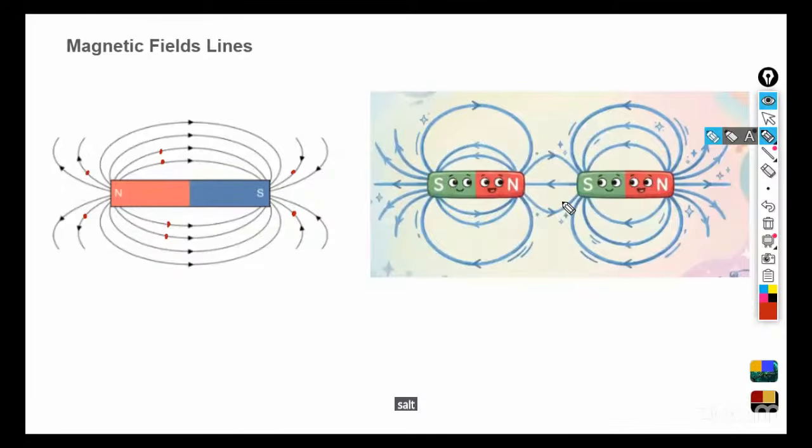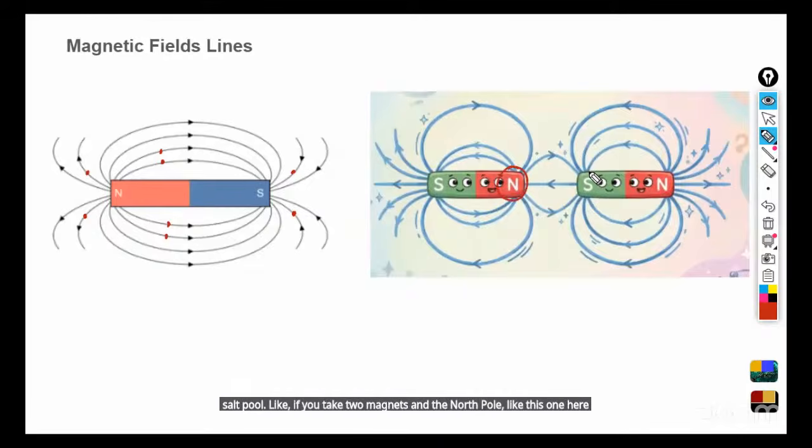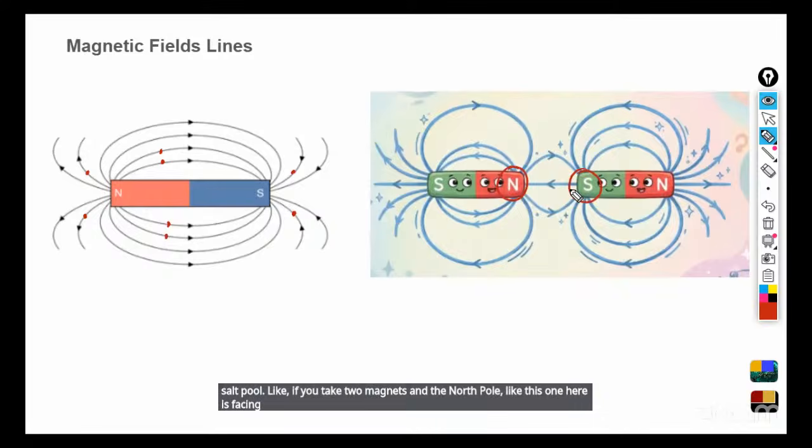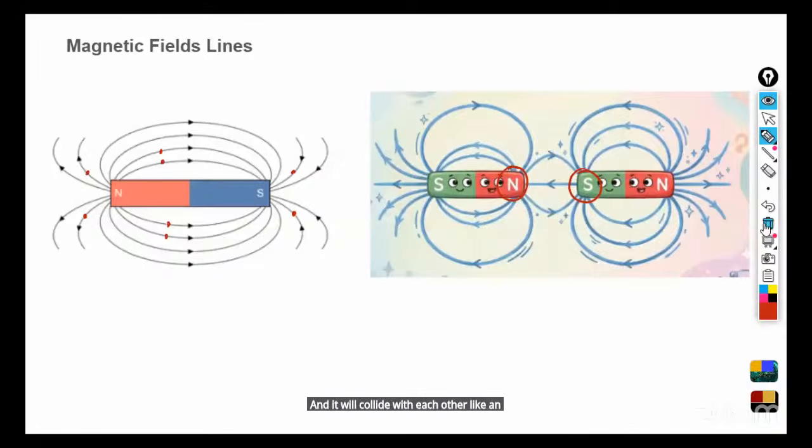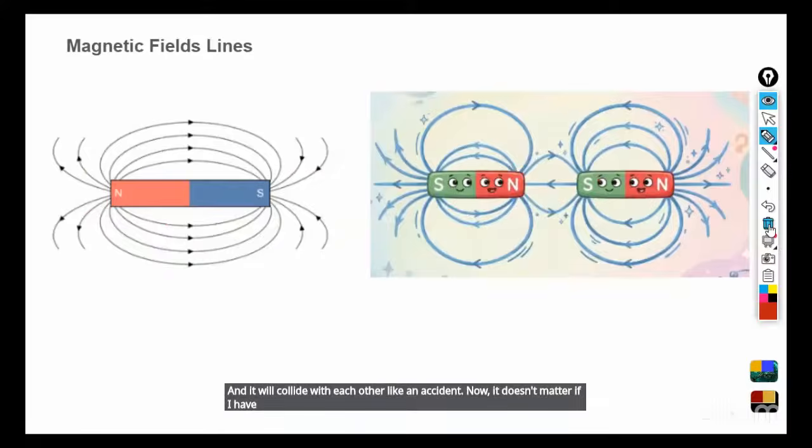If you take two magnets and the north pole, like this one here, is facing the south pole, the two magnets will pull each other together and they will collide with each other like an accident. It doesn't matter if I have one magnet, two magnets, or 10 magnets.